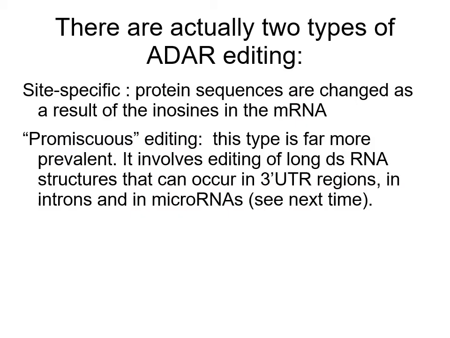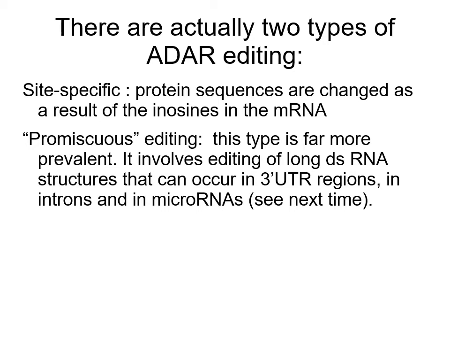Okay, so I now need to point out that there are actually two types of ADAR editing. The ones we've been talking about are the site-specific variety, where you have specific protein sequences that are changed as a result of the inosines. So those are site-specific in that it's a very particular A in a very particular mRNA to change a very particular amino acid.